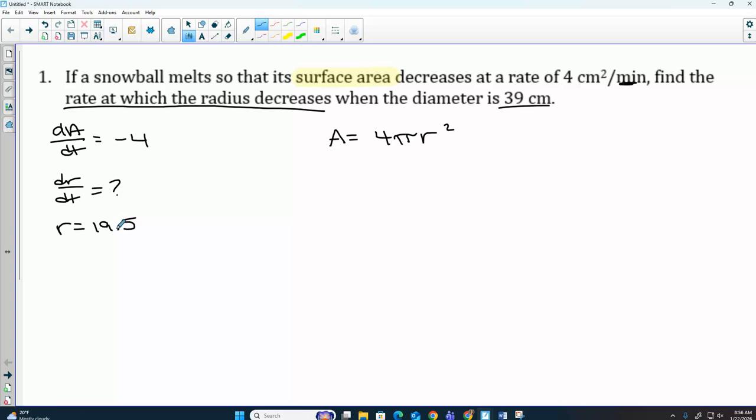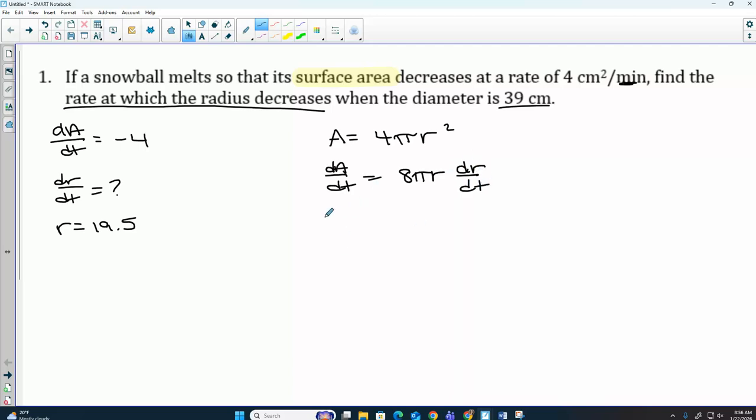Okay. So now I can't plug anything in yet because none of these things are constant. The radius is changing, surface area is changing. So we do our derivative. So the derivative of A, we're doing it all in terms of time, so dA/dt. Here the 2 comes down, so that's 8 pi r dr/dt.